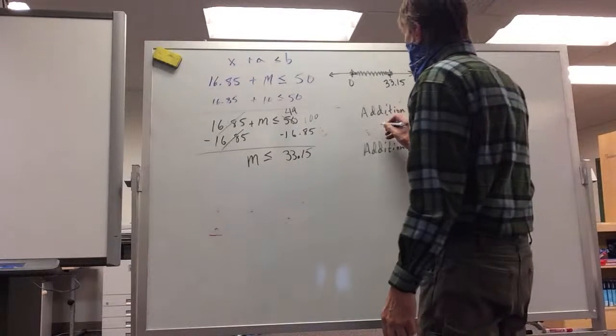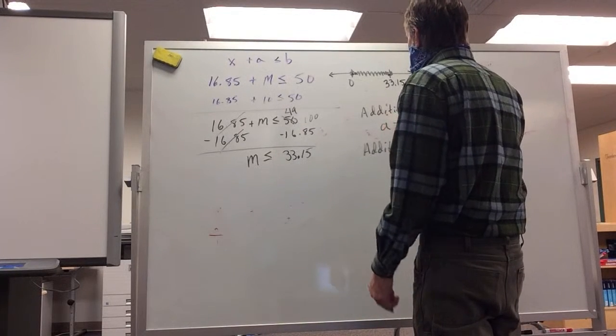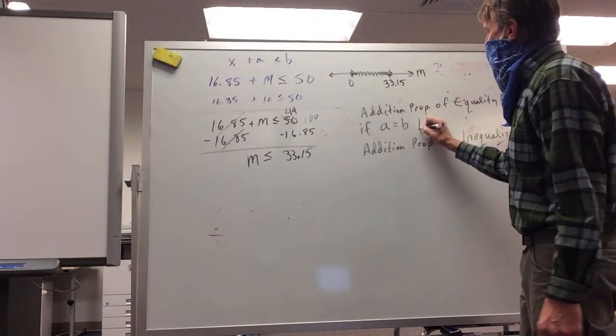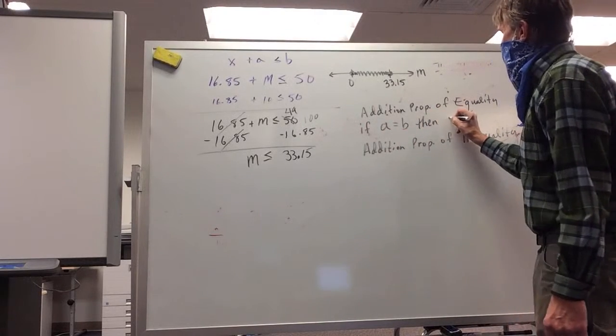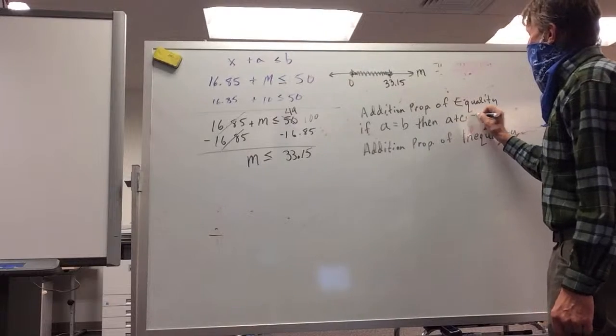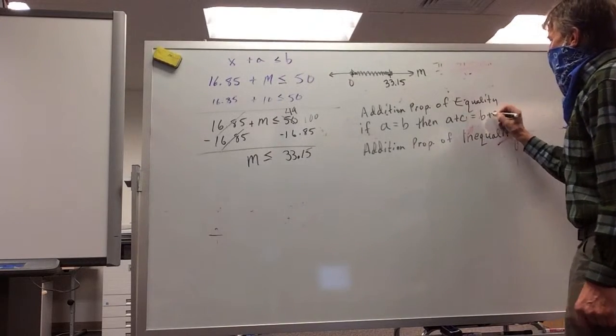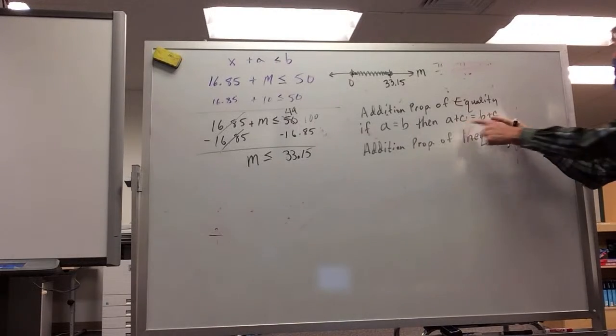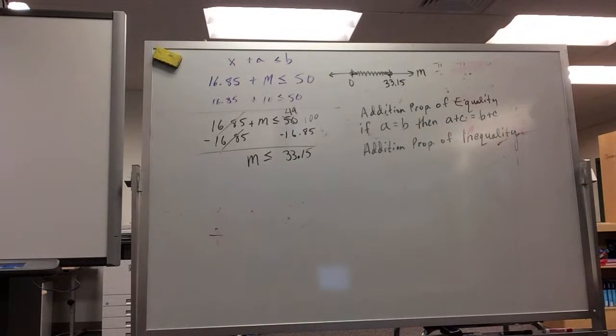So we could think of this as if A equals B, then A plus C is equal to B plus C. In other words, the C we add as the same value to both sides of the equation, and they're still equal.